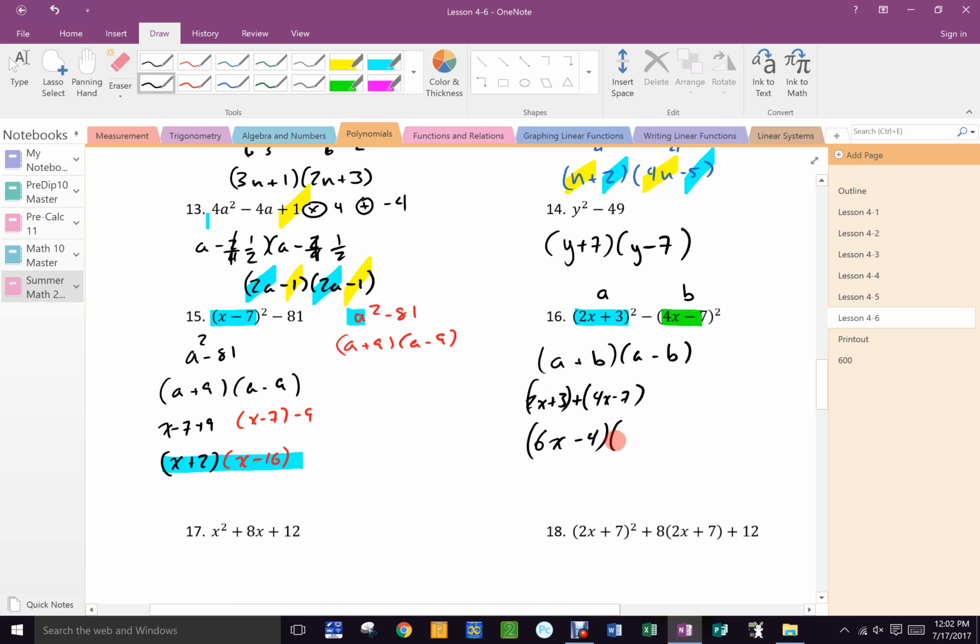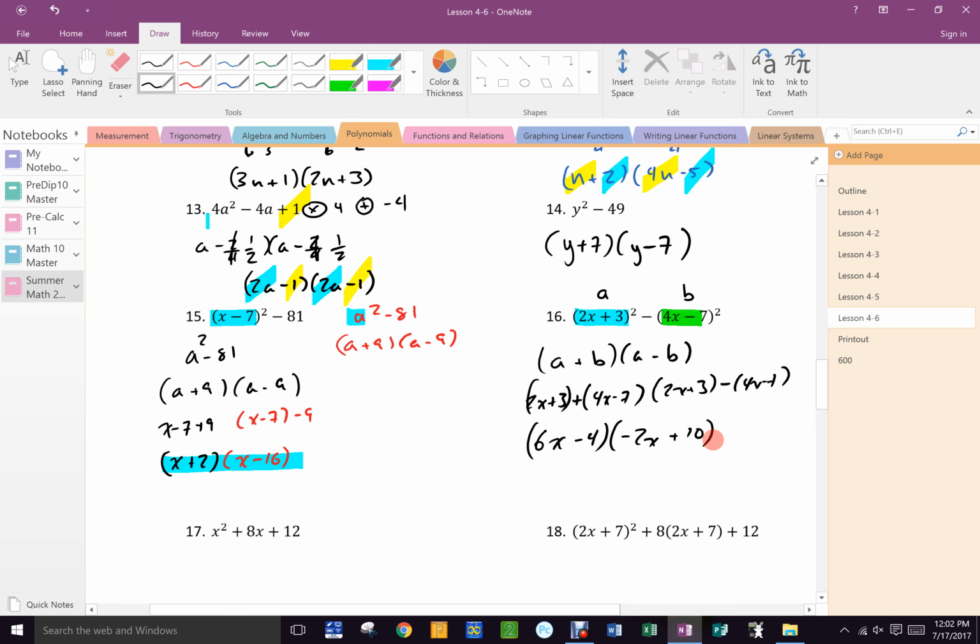Then I have to do 2x plus 3 minus 4x minus 7. What's 2x minus 4x? Negative 2x. And what's 3 minus minus 7? Positive 10. Now, is it done?